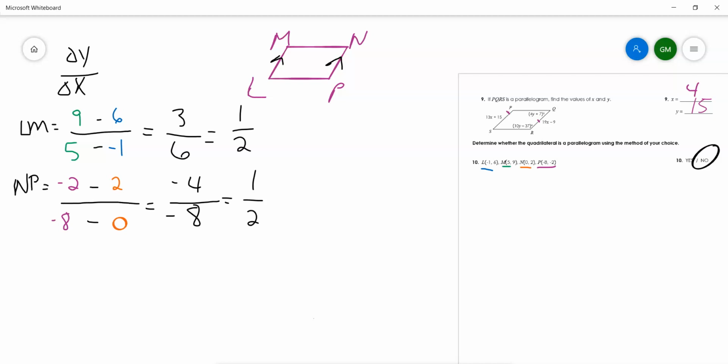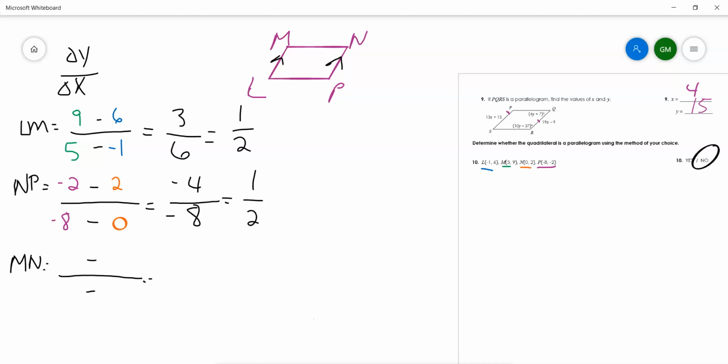So you would have to keep going on this one. Like I said, if you chose this method, you wouldn't be able to stop with just that pair of lines. So now we have to check the other pair. So we have MN. Okay. Let's test its slope.